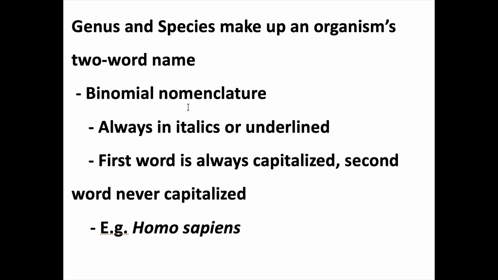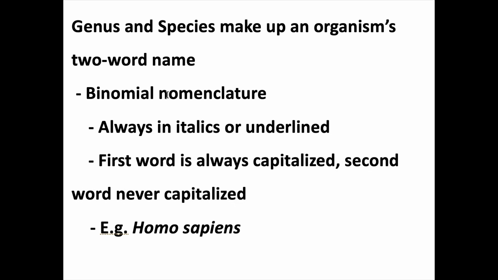There are a couple of rules associated with this. When we're writing out an organism's binomial nomenclature name, it's always in italics or underlined. Usually underlined is just if you're doing handwriting, because it's hard to do italics in handwriting, but if you're seeing anything typed or printed out, it's going to be in italics, just to let you know we're talking about something's two-word name.